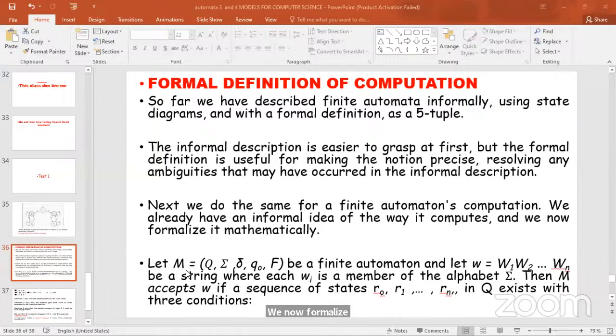So let M be a 5-tuple with Q, Sigma, delta, q0, and F, a finite automaton, and let w, w1 to wn, be a string where each wi is a member of the alphabet Sigma. Then M accepts w if a sequence of states r0, r1 to rn is in Q. So you can see, instead of using q1, q2, we have defined it as r0, r1 to rn, which should be in Q. These states exist within 3 conditions.